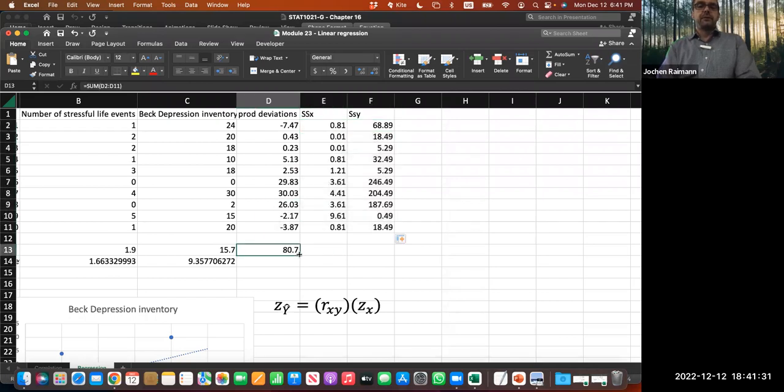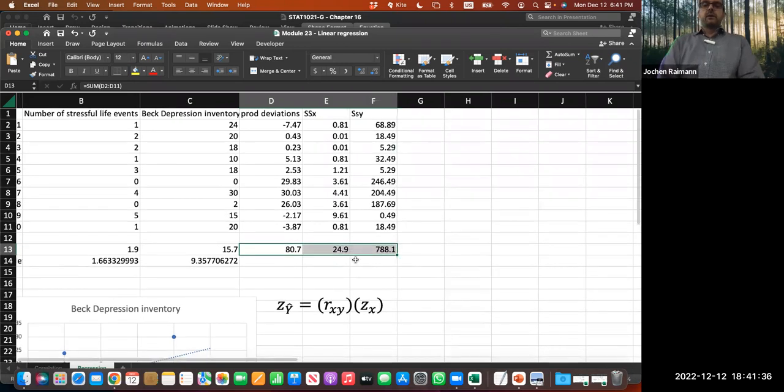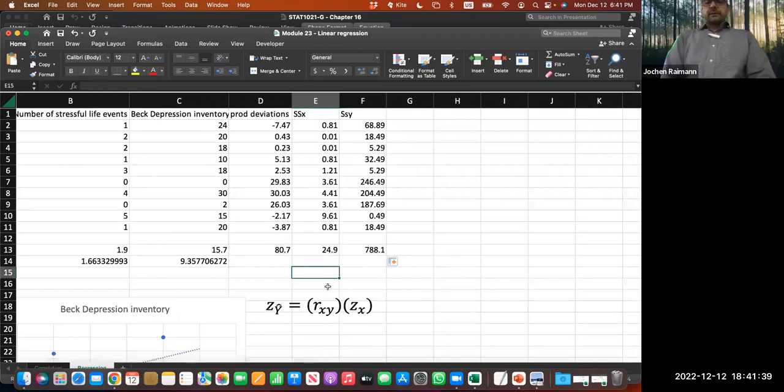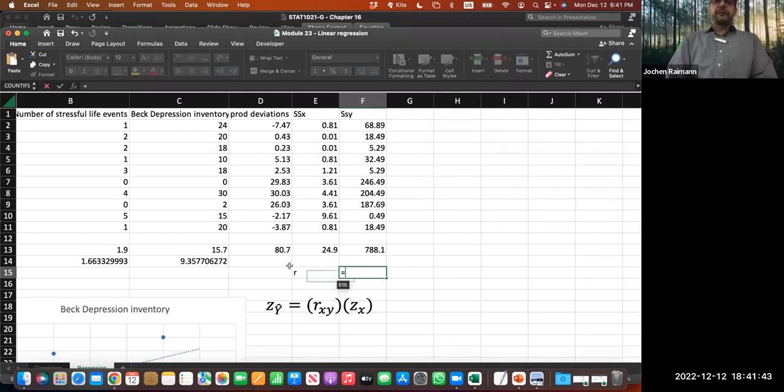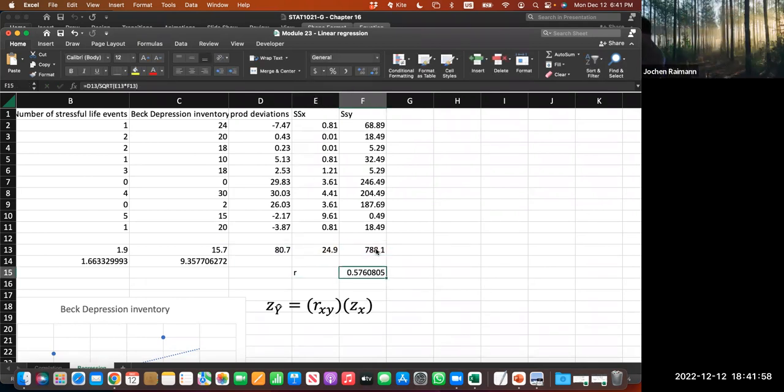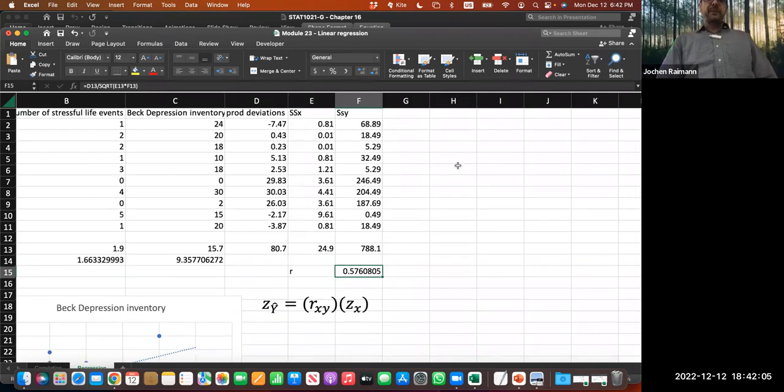Then we just need to sum these squared results. And then essentially we can calculate our R. And our R is basically this divided by the square root of this multiplied by this, right? So we know this to be the way to calculate your correlation coefficient, gives us 0.58, just like in our example with the standardized coefficients.